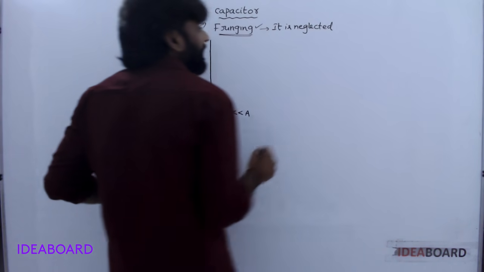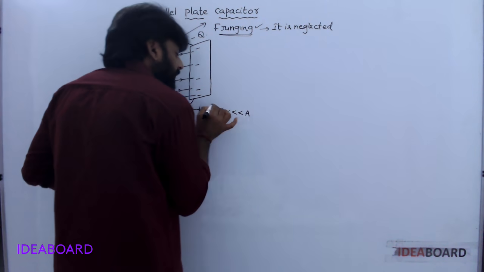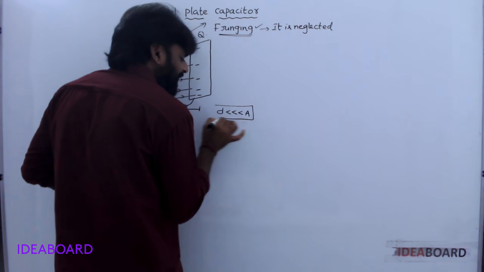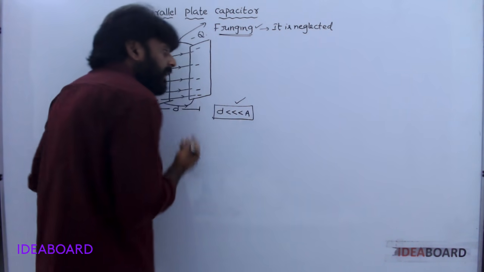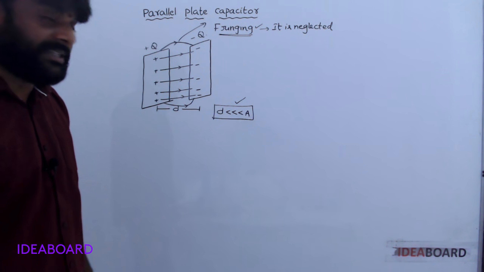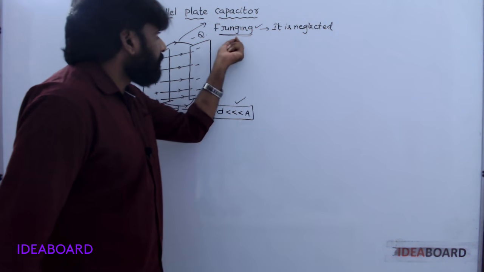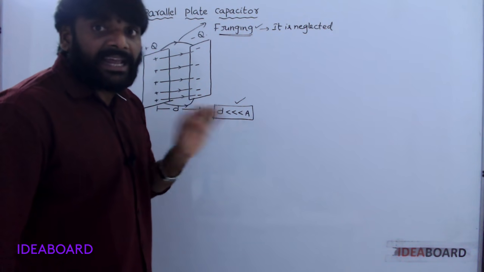Why is it neglected? Because the separation distance is very small compared to the plate's area. That's why this fringing effect is neglected.